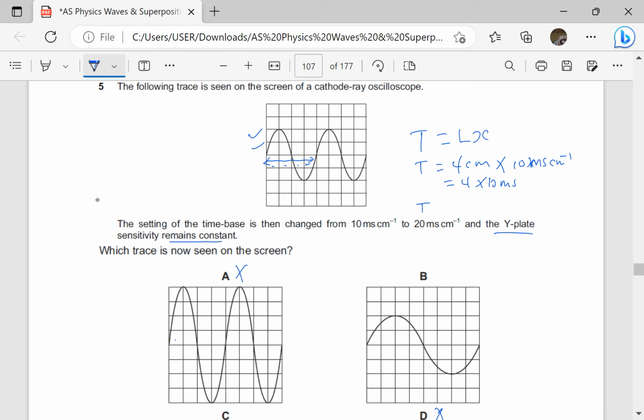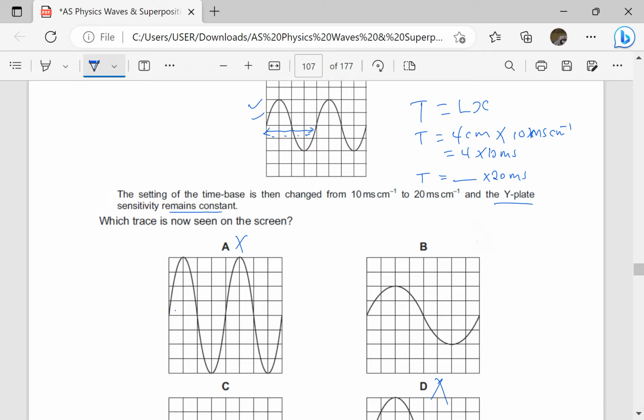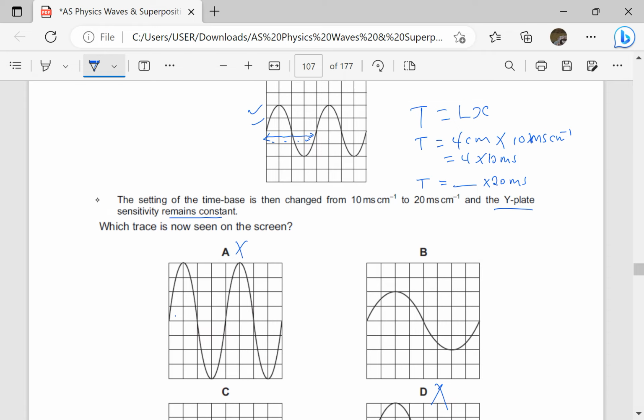The new period T should be equal to the length, which we don't know, times the time-base setting, which is 20 milliseconds, because the setting of the time base is changed from 10 milliseconds per centimeter to 20 milliseconds per centimeter.